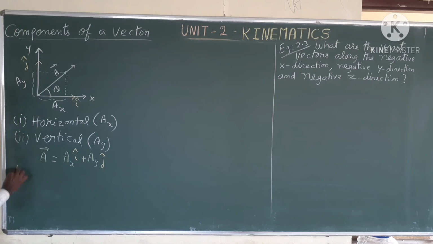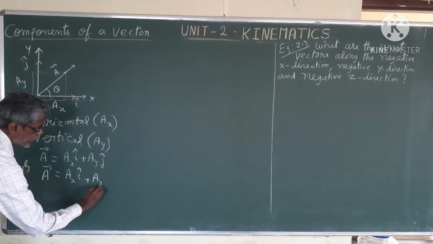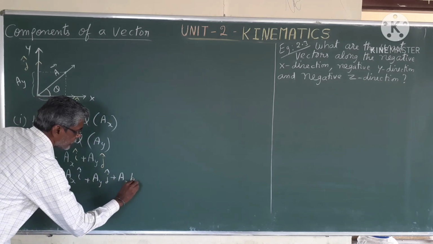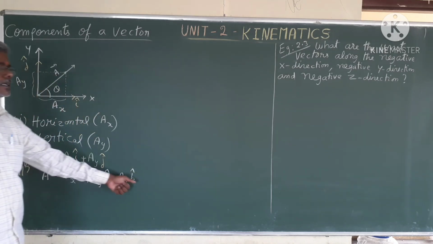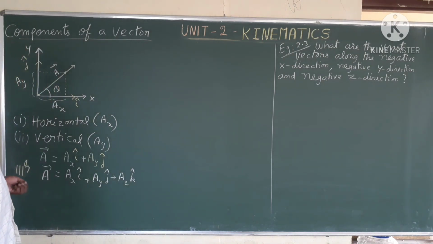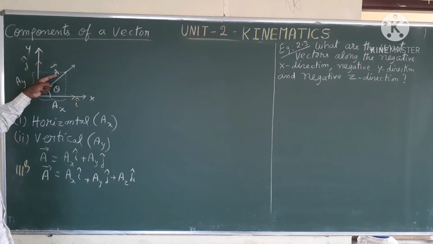Similarly, this one is 2D. If I want to find 3D, then I can write a vector is equal to ax i vector plus ay j vector plus az k vector. So x-axis, y-axis and z-axis. Okay. Now I want to find out the values of ax, ay and then the magnitude of a vector.